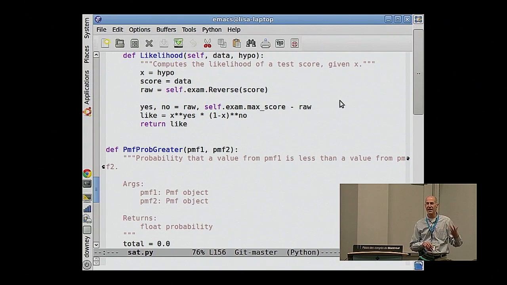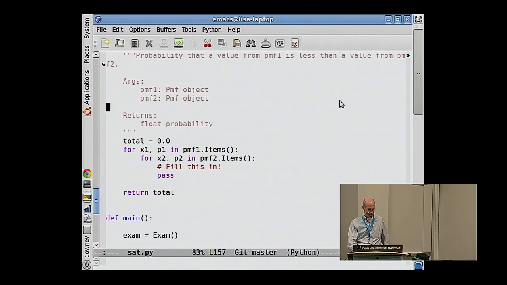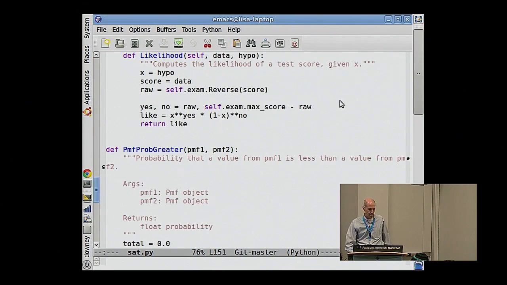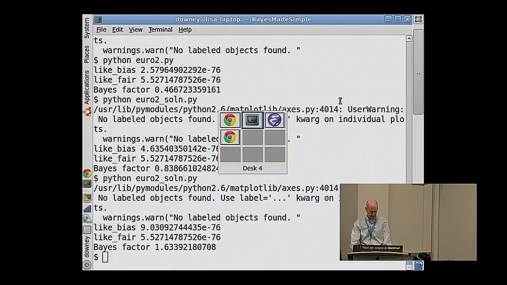So there are two CSV files that I downloaded from College Board, so I have to read those. I have a function in there that does interpolation. I have to be able to do the reverse mapping from scores to raw scores. So there's a little bit more machinery, and you are going to fill in this piece, which is the probability. And did I use a different name in the two places? No, PMF prob greater. Yeah.